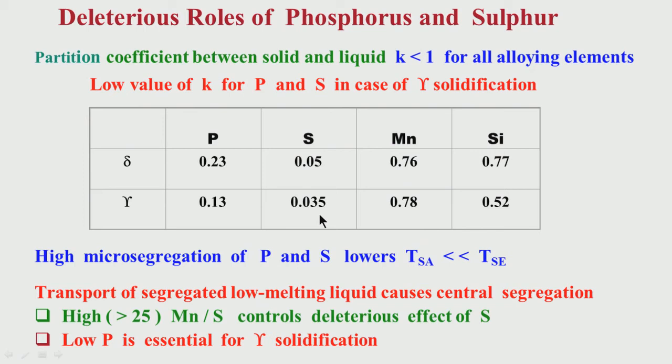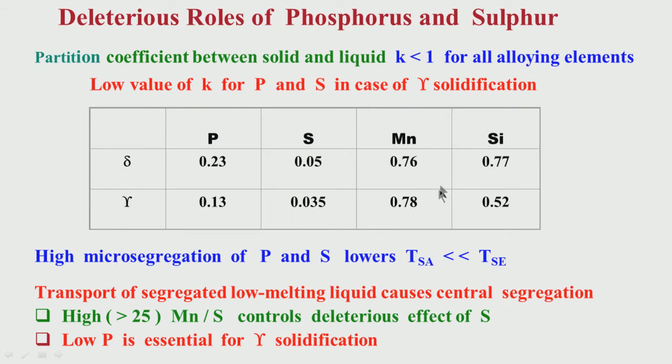So, what is important to understand is that if you compare the alloying elements manganese, silicon, phosphorus and sulfur, phosphorus and sulfur have a much lower value of K compared to manganese and silicon. This is the first point to remember. So, phosphorus and sulfur are more potent for causing microsegregation compared to manganese and silicon.